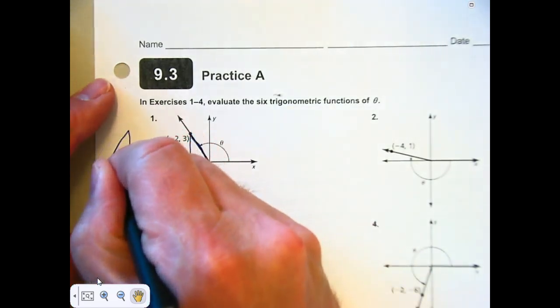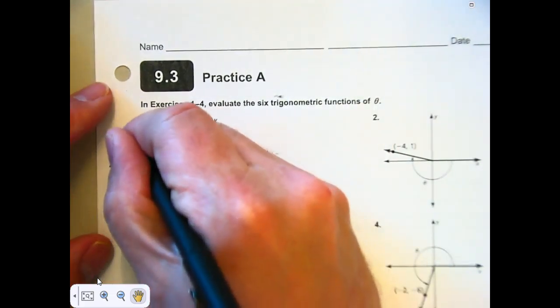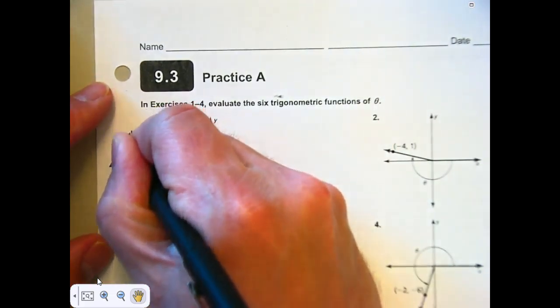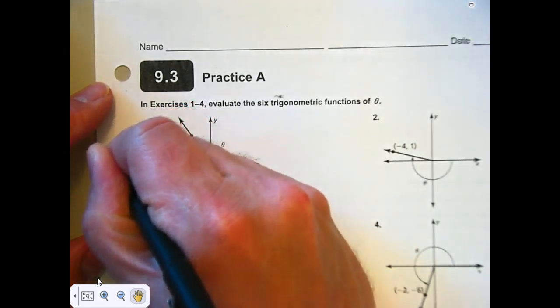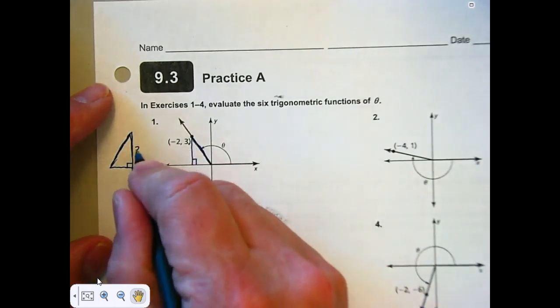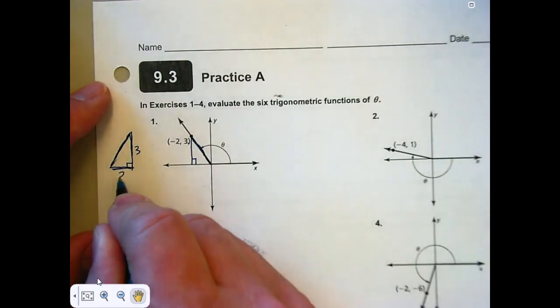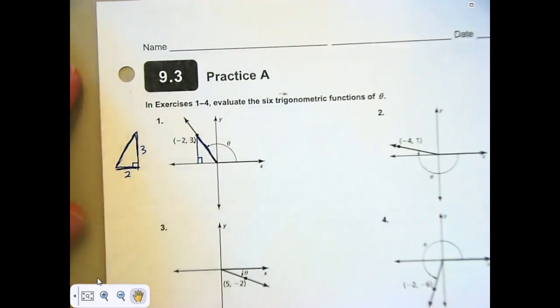Okay, so if I have my right triangle, I kind of sketch it over here. Note that this length right here, I can actually make it accurate there, that length is 3. It's our y value. This length is 2. It's not negative, right? The length is 2.